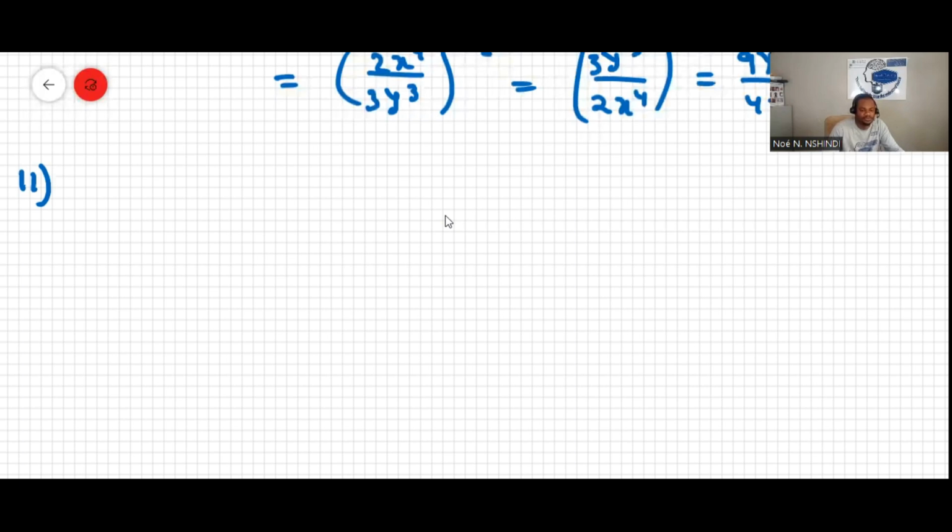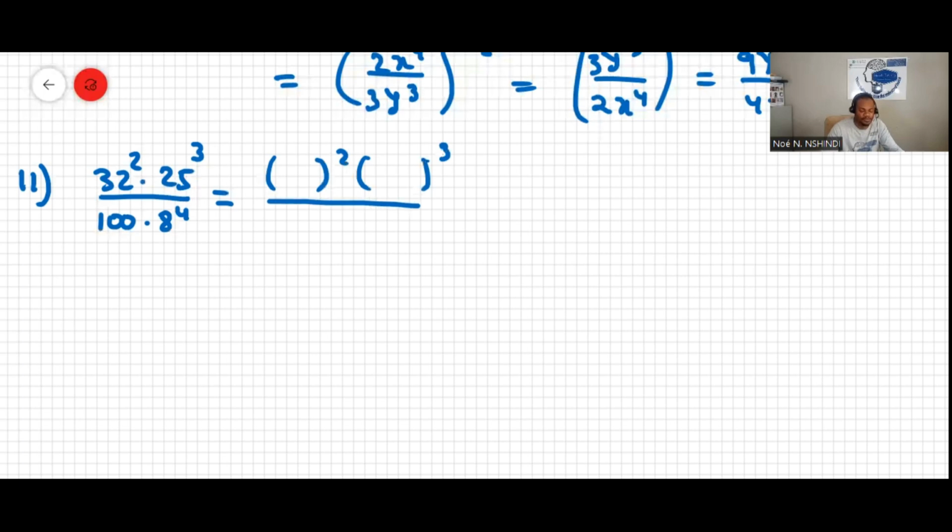It's 32 to the power of 2 times 25 to the power of 3 all over 100 multiplied by 8 to the 4. Now, we can solve this by writing each of the numbers here in terms of their prime factors, okay?